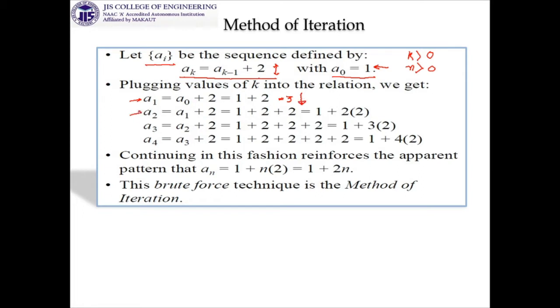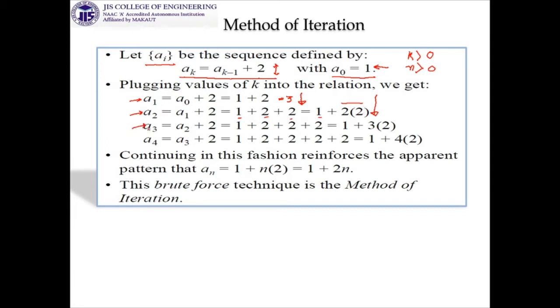Now our target is to find a2. From this relation, a2 is a1 plus 2, but a1 is already 1 plus 2, so it is 1 plus 2 plus 2. We write it as 1 plus 2 into 2, keeping in mind that we may get a similar pattern in the next terms.